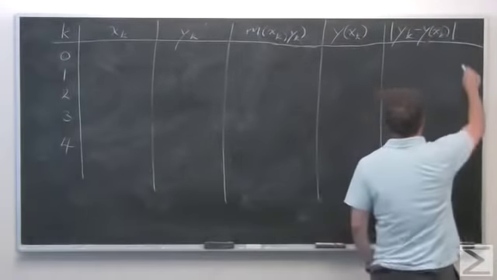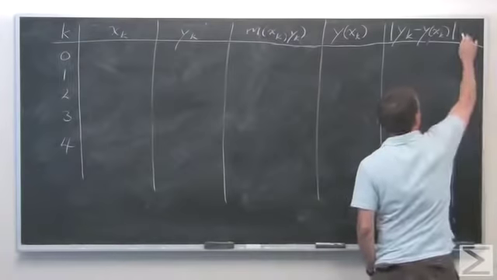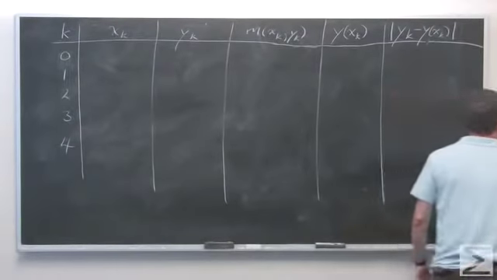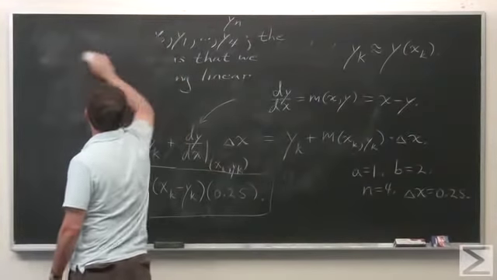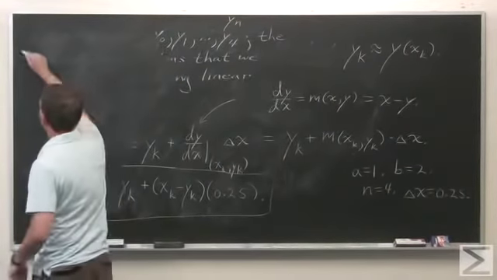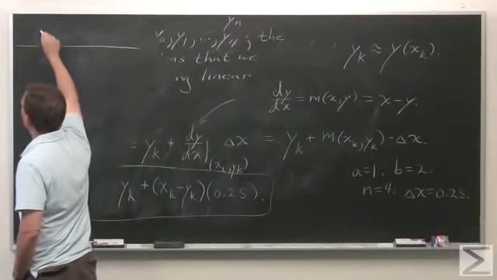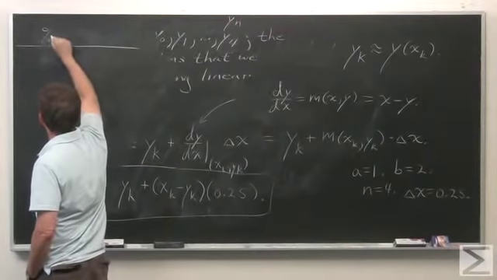I've kind of run out of room, but I also like to have a percentage of the error column. Maybe I'll stick that here, but you don't have to. So that's the error, and this is the percent error.